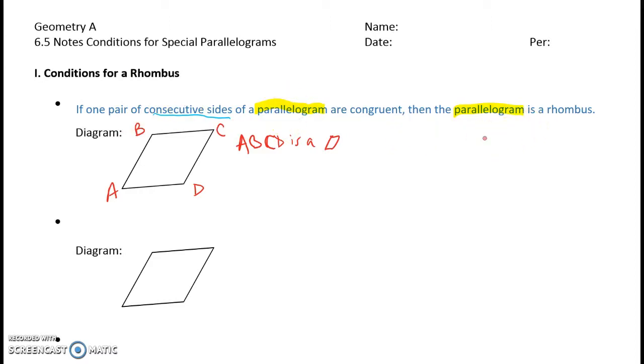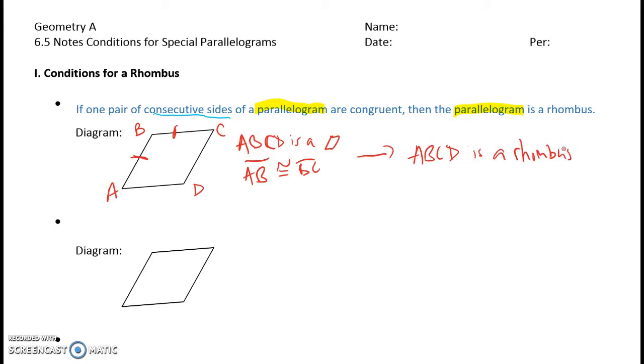Consecutive sides is the same idea as consecutive angles, one after the other. If AB is the side we're looking at, then its consecutive side could be either BC or AD. So if I tell you AB and BC are congruent, then that, in addition to ABCD being a parallelogram, tells us that ABCD is a rhombus.